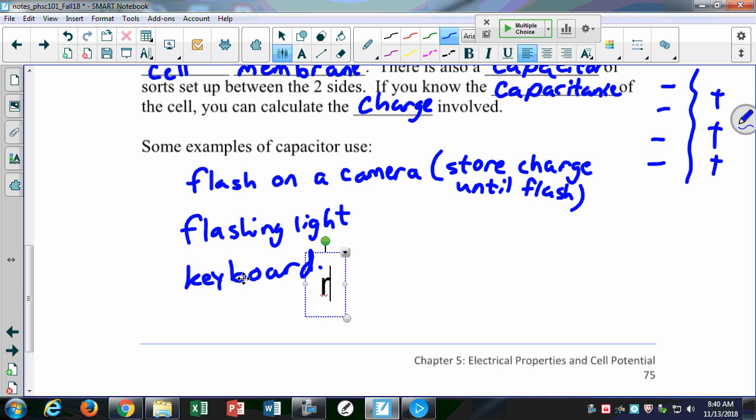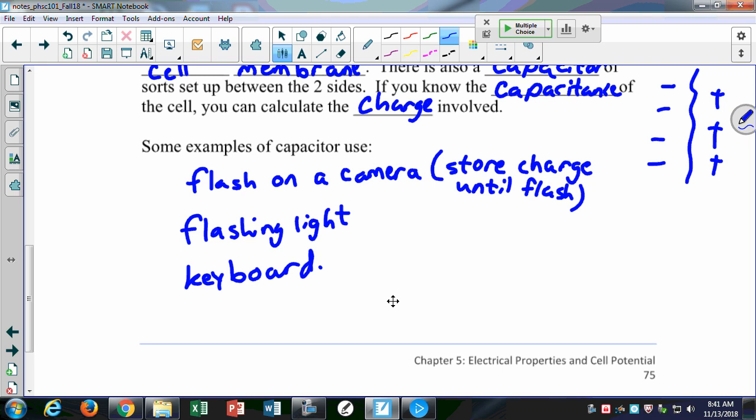So if you depress the key, that changes the capacitance of that circuit, and it tells your computer that you're pushing the R key because you're decreasing the distance between the plates of your capacitor, and that's a signal to the computer. So those are capacitors. We use them in all sorts of things. If you've ever looked inside of your computer, you'll see lots of capacitors. Those cylindrical things, sometimes they look like little flat discs. Fella Colin showed some capacitors in that video.